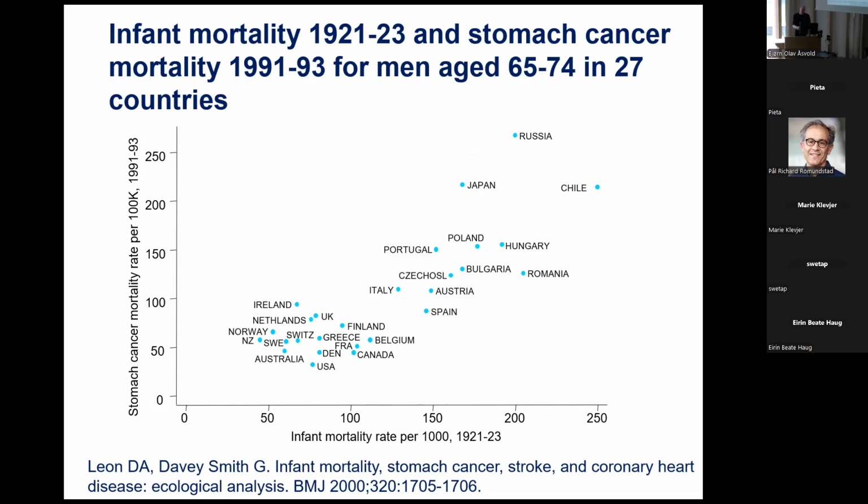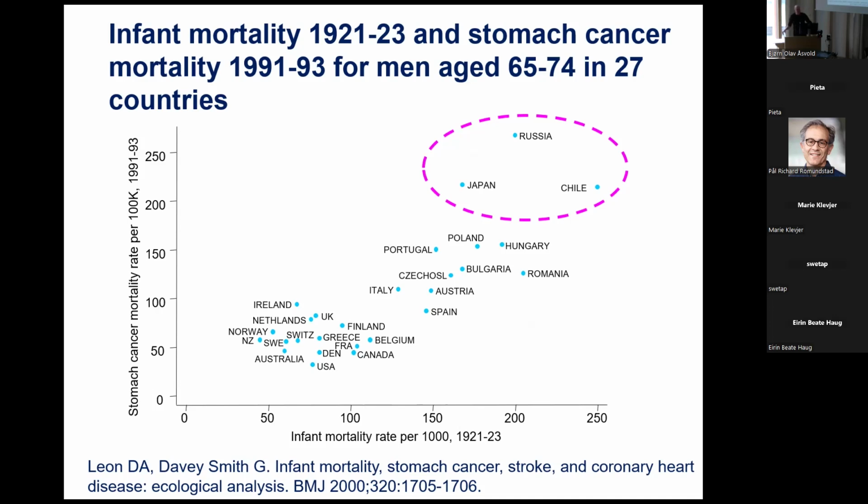When you looked at the top countries, people studying diet thought that was the main thing. And you think, what links Chile, Japan, and Russia? Certainly not any dietary similarity one could think of. Russia was going through a period of very high alcohol mortality.